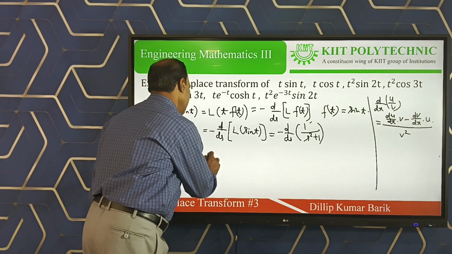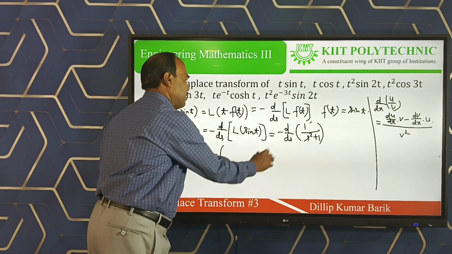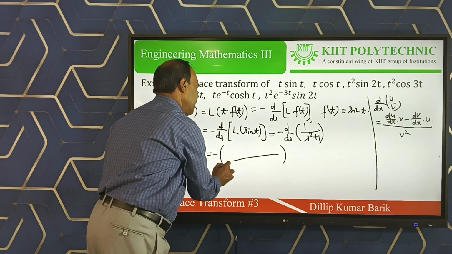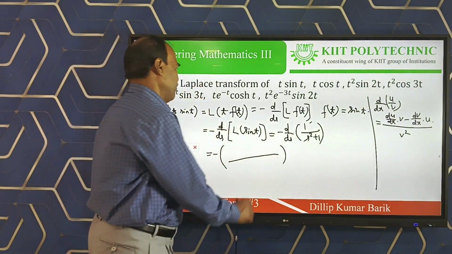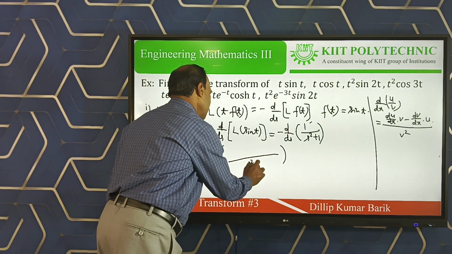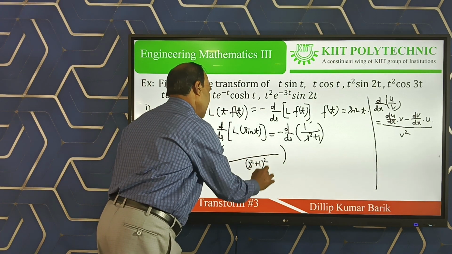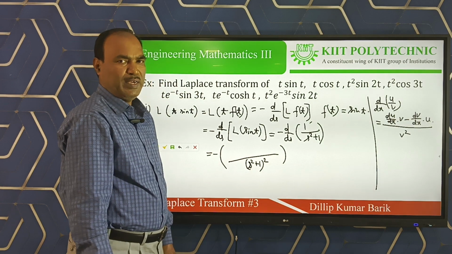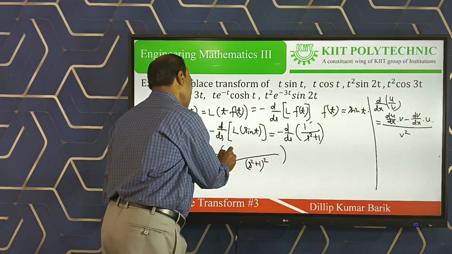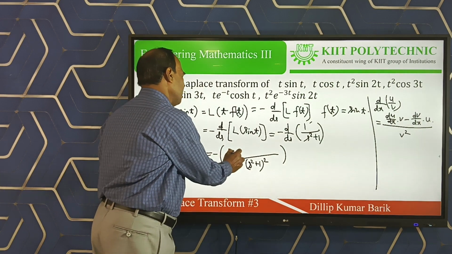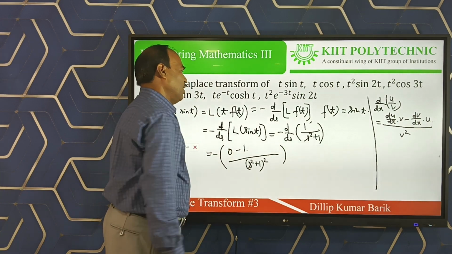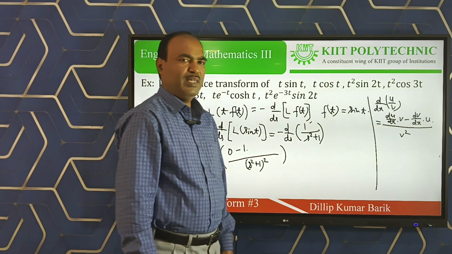So let us simplify, minus bracket, here u is equal to 1, v is equal to s square plus 1. So s square plus 1 whole square, v square, and the derivative of 1 is nothing but 0, constant derivative 0, 0 into something is 0, minus 1 into the derivative of s square plus 1.